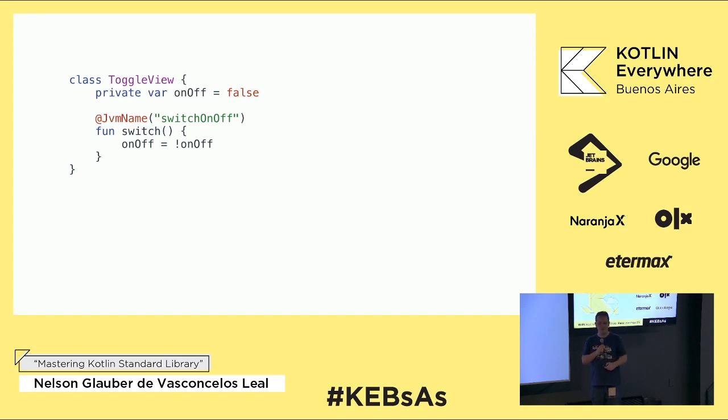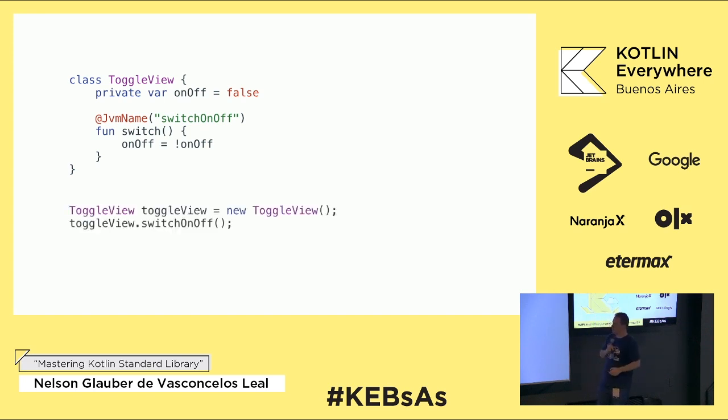And in this case, you can call switchOnOff in Java code, okay? Imagine that you have other cases where something is not a reserved word in Kotlin, but is in Java. Okay, so it's important. It also works for class names. For example, imagine that you have data. Data is a reserved word in Kotlin, but it's not in Java, for example.